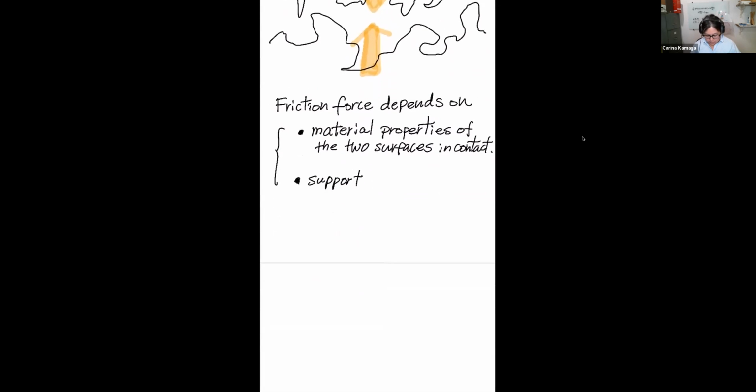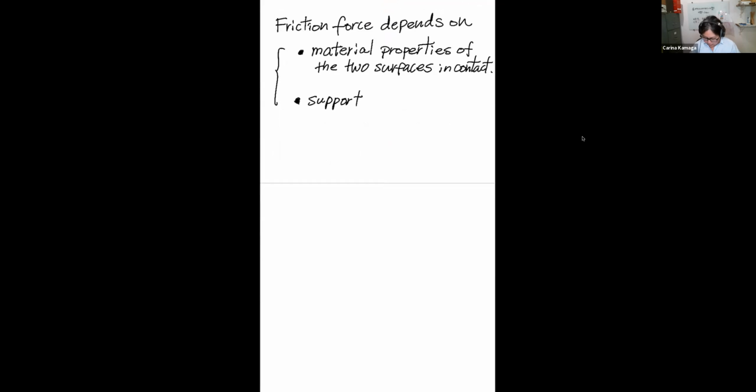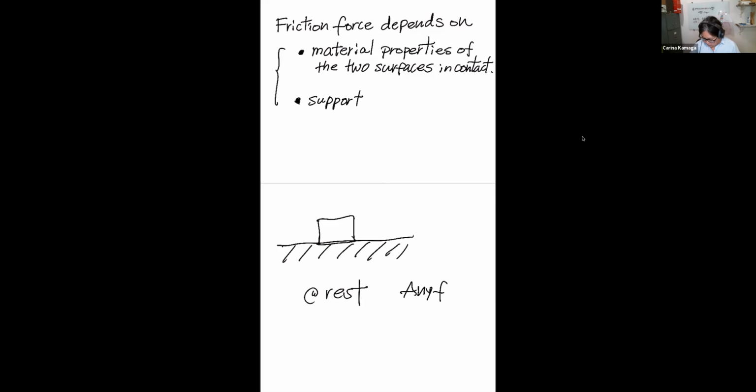Let's see. Imagine this case. You have an object on a flat surface, and it's at rest. It's just sitting on a flat surface. Is there any friction force applied?